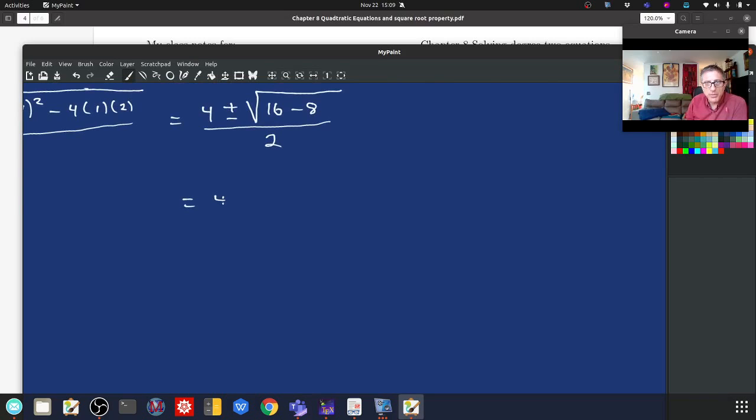So this is going to be 4 plus or minus the square root of 8 over 2. Well, the square root of 8 is the square root of 4 times 2. 4 is 2 squared. So the square root of 8 is equal to the square root of 2 squared times 2. Sorry, don't mean to be writing so small. So it's equal to 2 times the square root of 2.